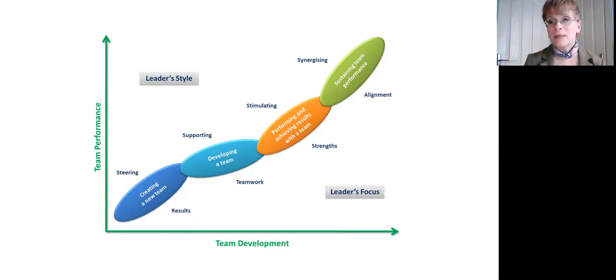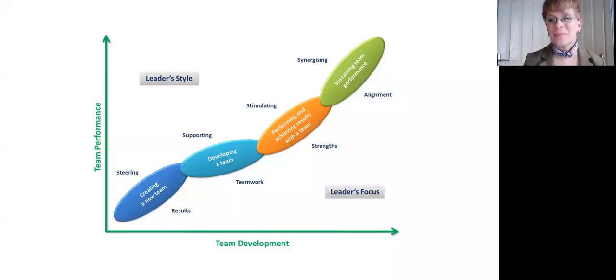If you need to get something done in 3 days and you ask 3 people to form a team and help you, it's not going to grow much beyond that level. Once the leader's style goes from steering or commanding to supporting, then stimulating, and then ultimately to synergizing, and the focus goes from a results orientation, which of course we always want results, through teamwork and strengths to alignment.